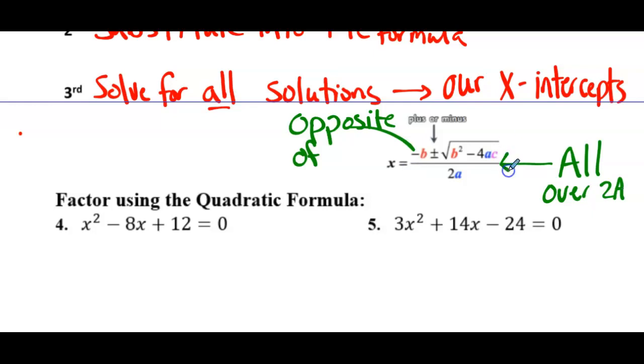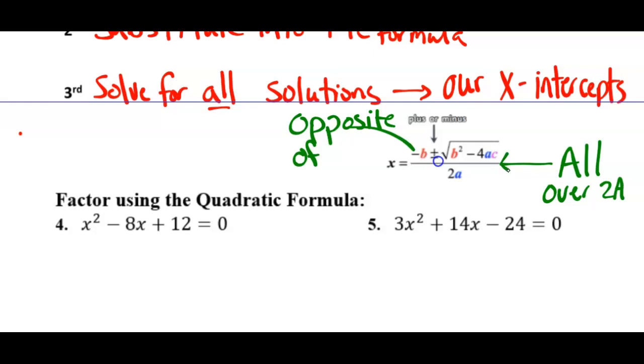Now, you're going to find your A, B, and C. You're going to plug them into the spaces labeled B's, A's, and C's, and you're going to go from there. Yours looks a little bit different because it doesn't have this plus or minus, but this symbol is said plus or minus.